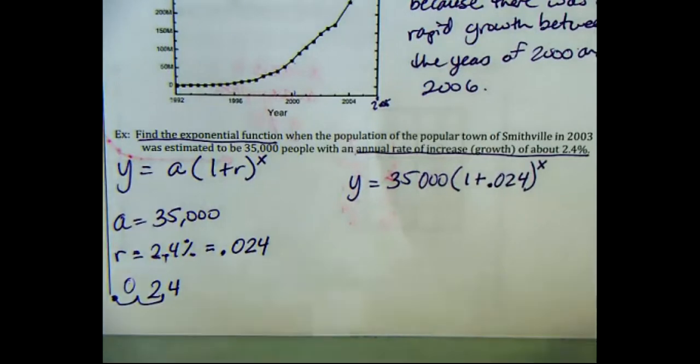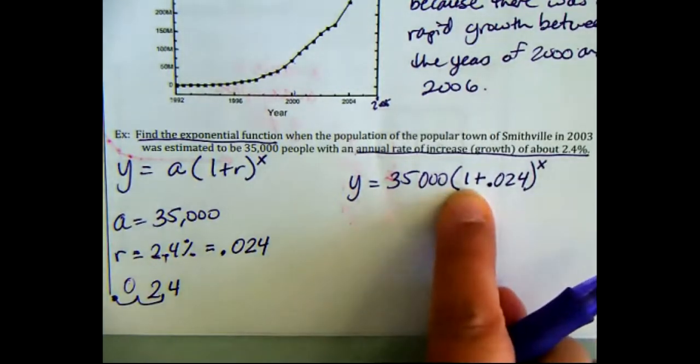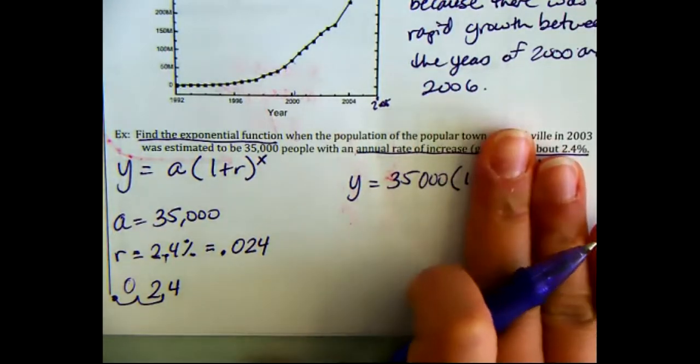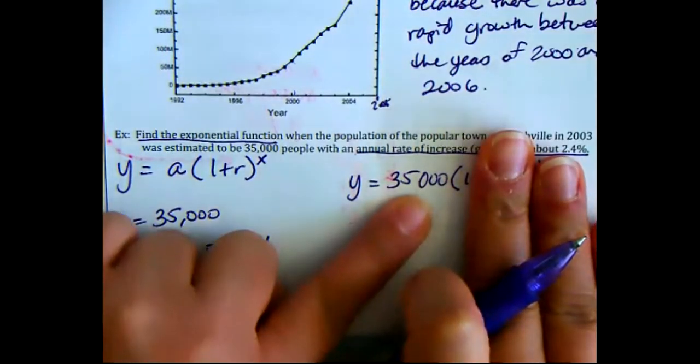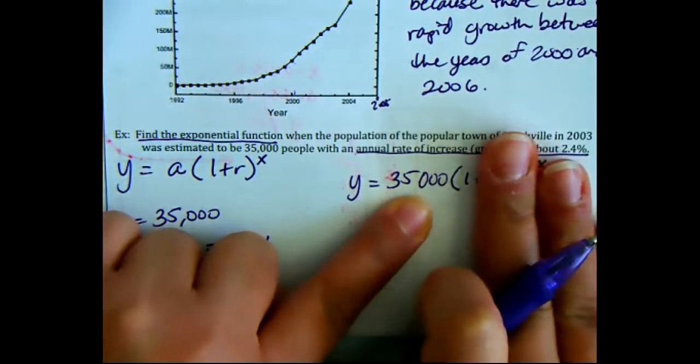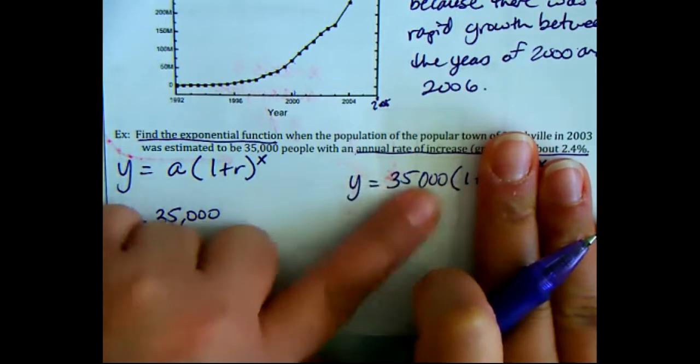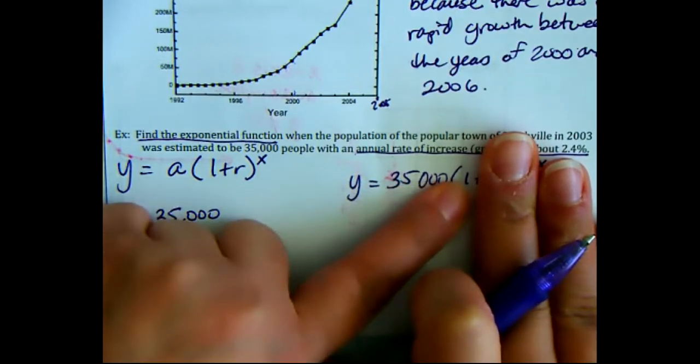I want us to understand, this 1 acknowledges the initial population, because 35,000 times 1 is still 35,000. So it acknowledges that initial population.